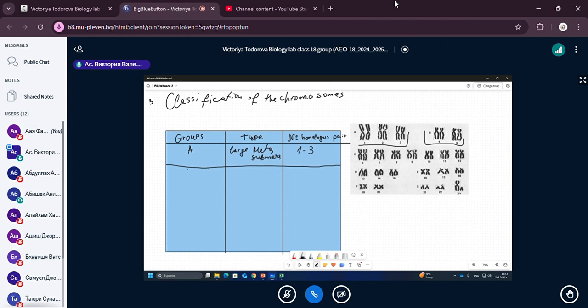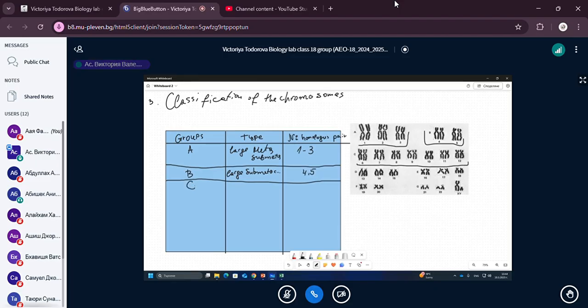Here, group B. Number 4, number 5. And as you can see, they are large submetacentric. The next group is all this row.